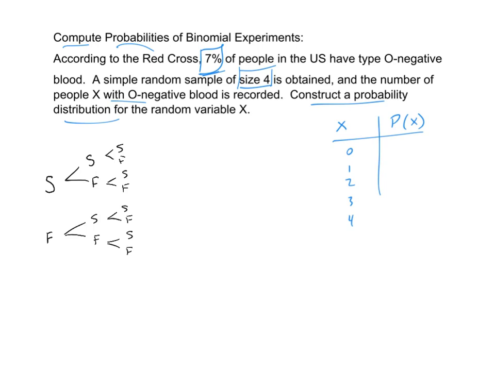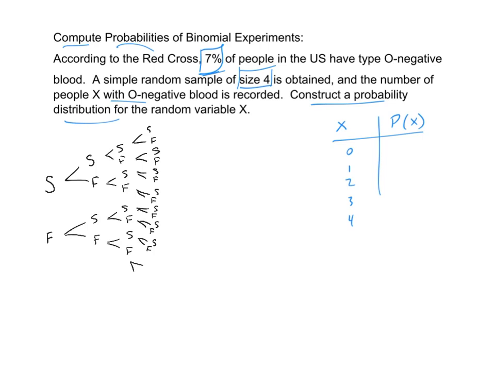So each of these represent one person in my sample. And then the last trial, there's lots of S's and F's in this one. Success, fail, success, fail, success, fail. Oh, I'm going to have to squeeze these last few in here. Success, fail, success, fail, success, fail.